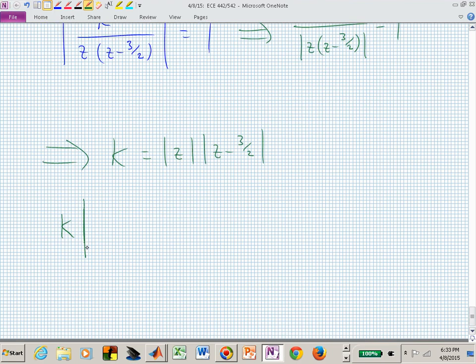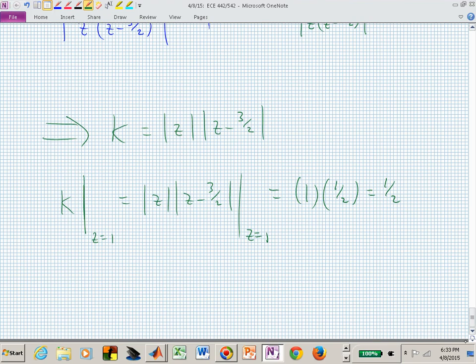And I'll indicate that by saying k with z equal to 1 is now z and z minus 3 halves with z equal to 1. So that's 1, and this is 1/2, or k equaling 1/2 is going to give me a pole right at z equal to 1. The other one is coming towards that. Yes, question?